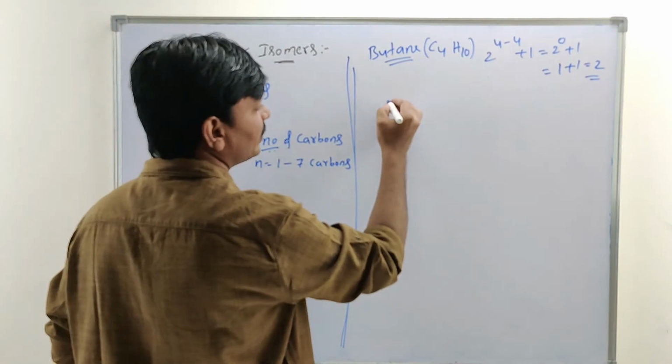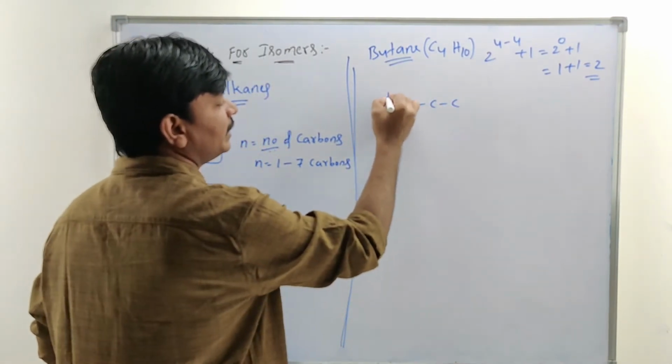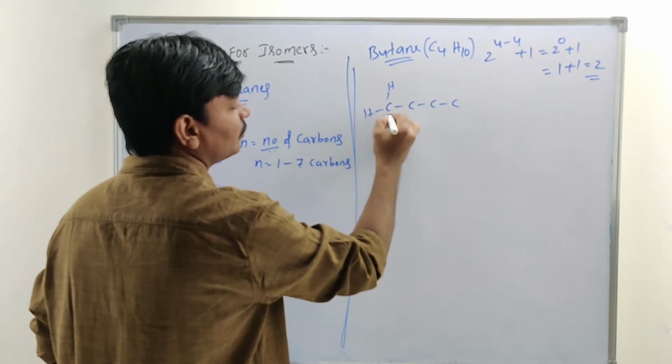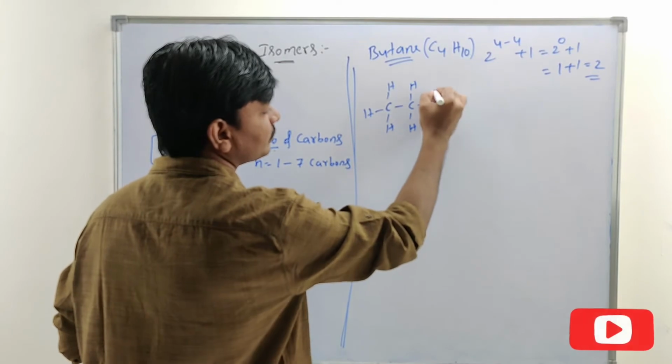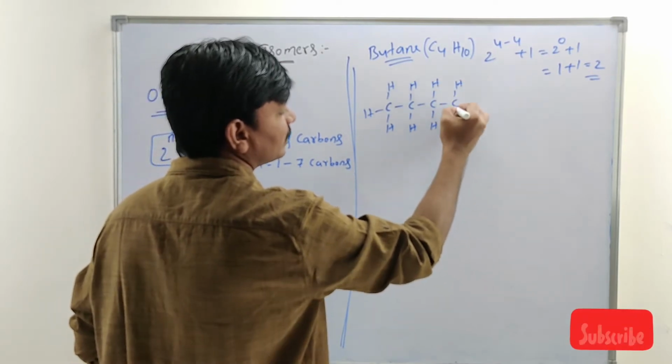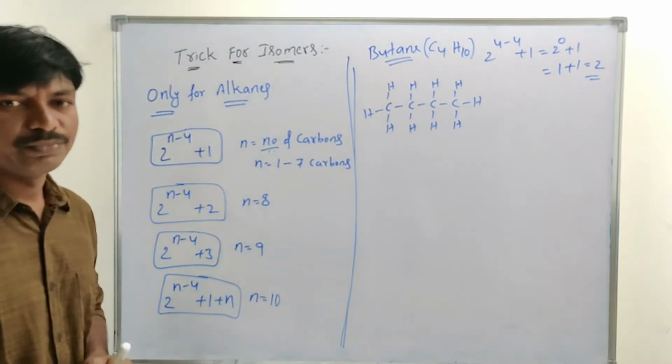Here there are 4 carbon atoms, and each carbon has 4 bonds, with the remaining bonds to hydrogen atoms. Clear? Here is one isomer of butane.